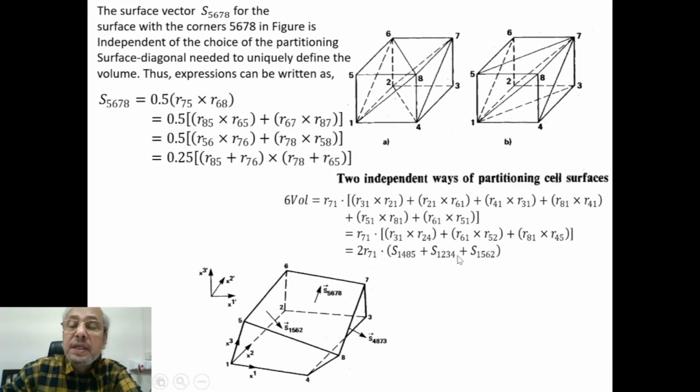So finally, what is very important for us is, for some such arbitrary hexahedral, how to calculate its volume. We have written that you can bring 6 to the right hand side, then the volume will be R71 by 3.